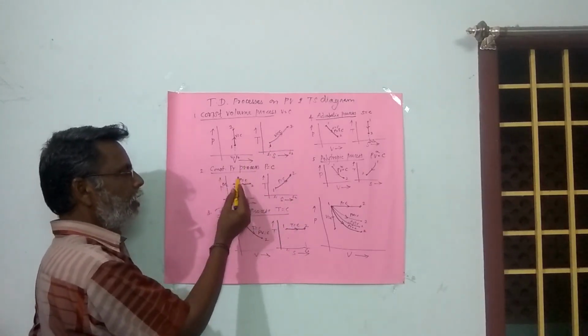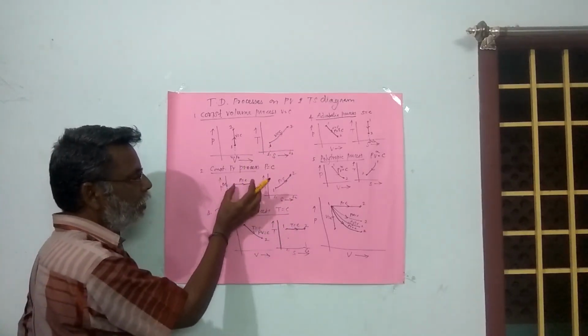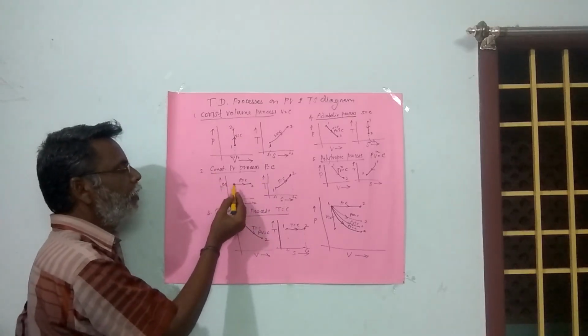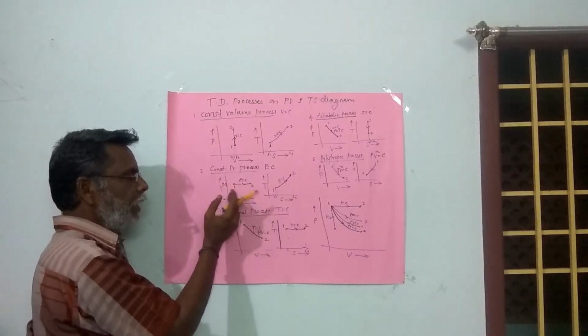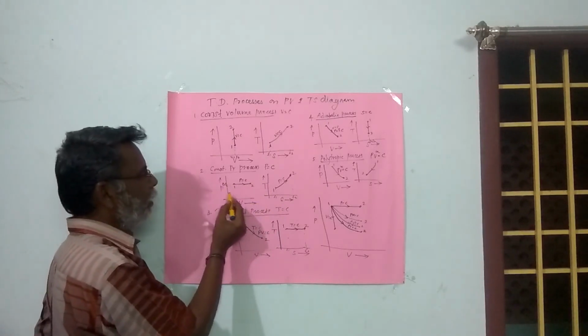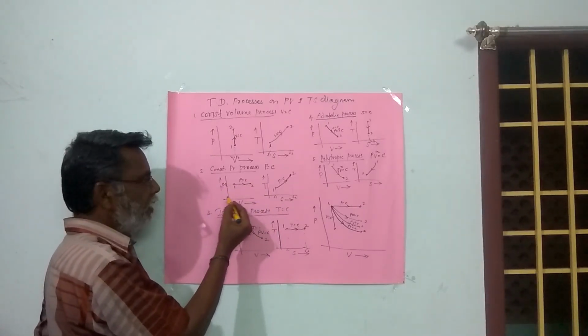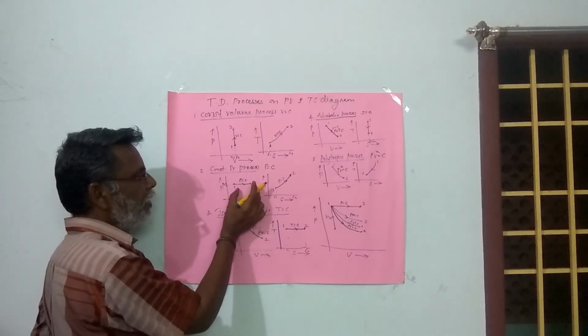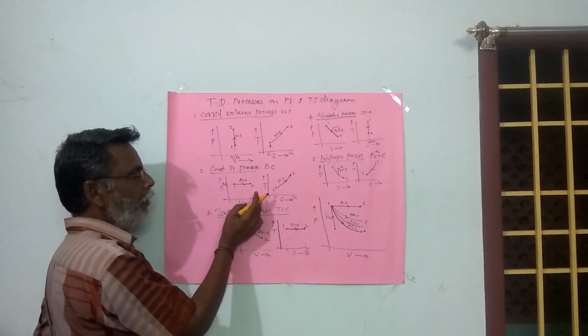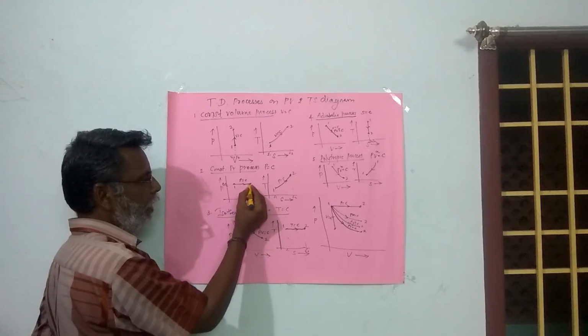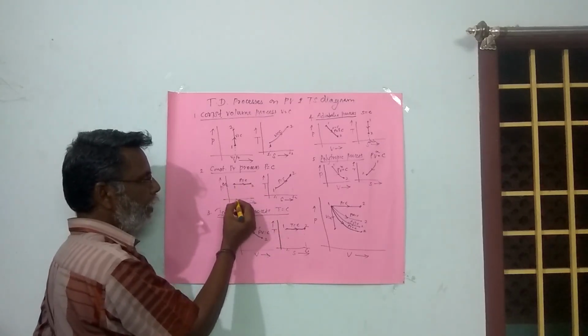Similarly, in the constant pressure process, there is work done. We can calculate the work done from the PV diagram itself. The work done formula is integral PdV. So there is a change in volume, V2 minus V1. So this is V2, this is V1.